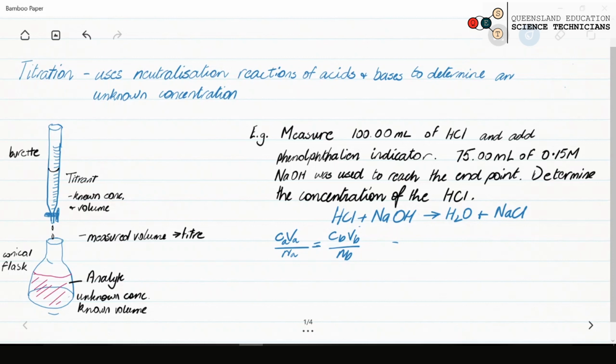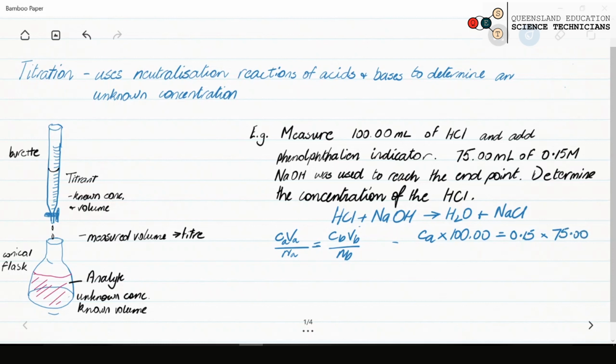We then just need to substitute the values that we've been given. We're trying to work out the concentration of the acid, so we leave that, but we were told the volume, so we multiply by the 100. It's going to equal the concentration of the base, so 0.15 multiplied by the 75.